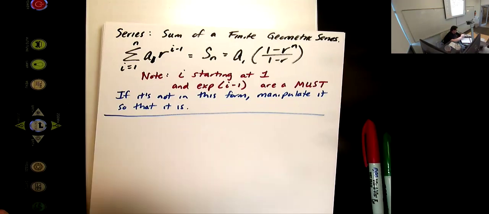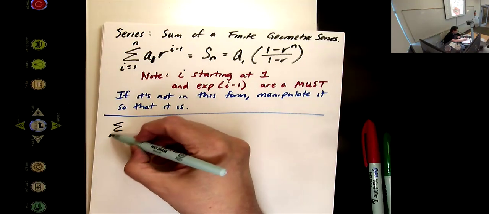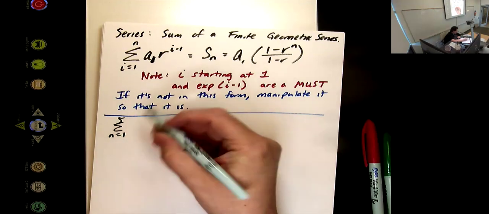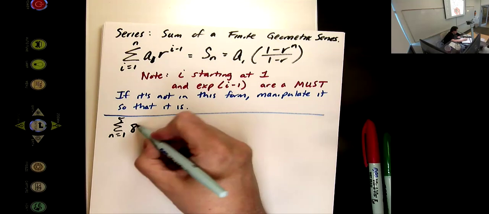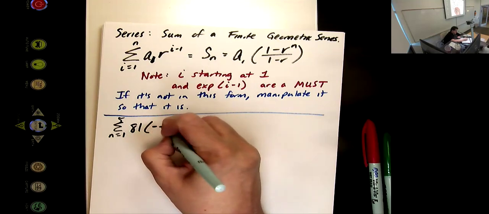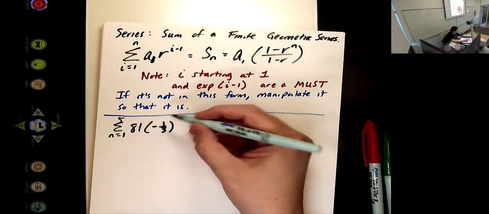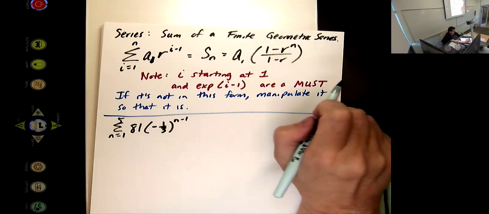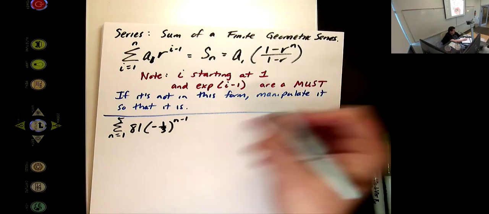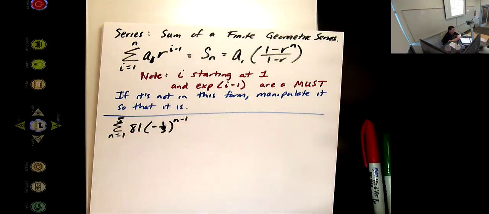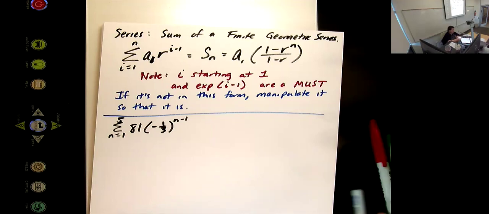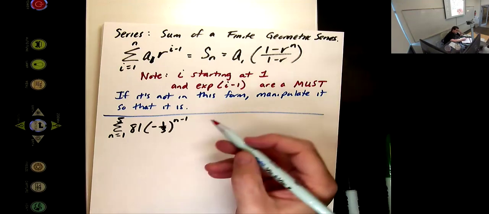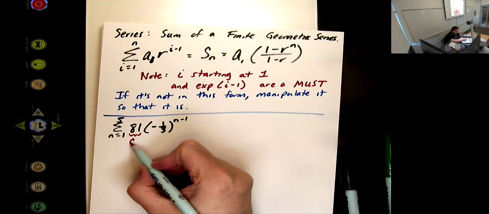All right, first example. n equals 1 to 5. 81 times negative 2 times negative 1/3 to the n minus 1. So that's my a sub 1.